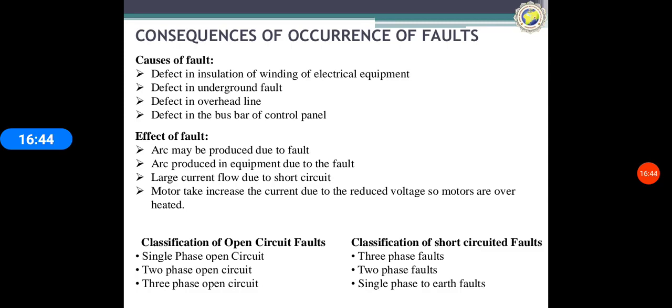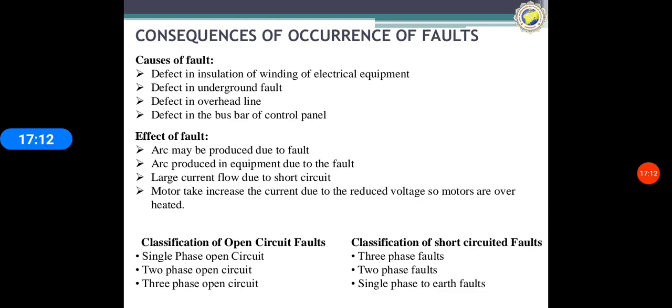Now, what is the effect of fault? Mainly, an arc may be produced in the equipment due to the fault, and a large current flows due to the short circuit. Also the motor takes increased current due to the reduced voltage, so motors are overheated.